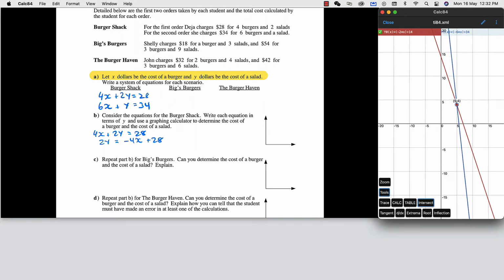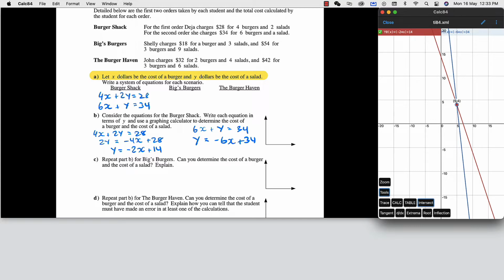Then I'm going to divide everything by 2 to isolate the y, so we get, in the proper format, y equals negative 2x plus 14. And the second equation, which was 6x plus y equals 34, this one's a little bit easier. I just need to subtract 6x from both sides, and the coefficient in front of y is already 1, so we end up with y equals negative 6x plus 34.